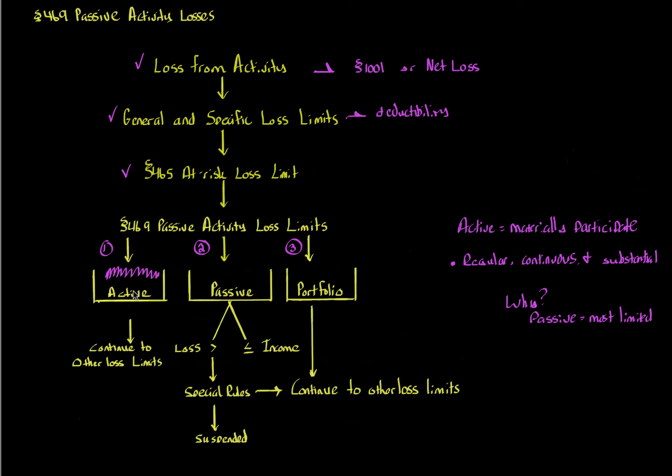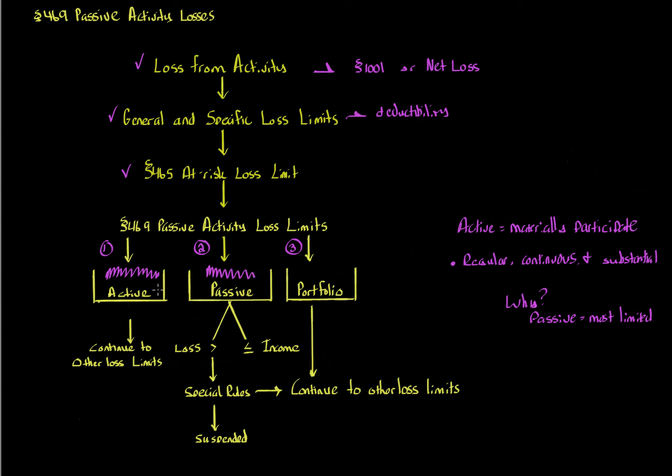In one business, you have a commercial fish operation and you are actively involved because you're actually going fishing on a day-to-day basis. In a second business, you own rental properties, but you pay a management company to deal with all of the day-to-day operations, as well as getting tenants, collecting the money, all that stuff. That's going to be passive because you're not considered materially participating in the activity.